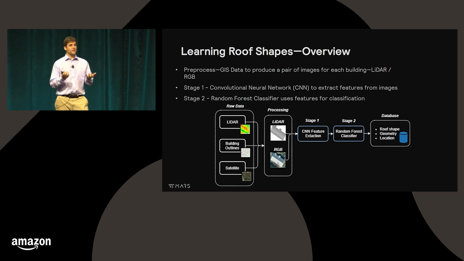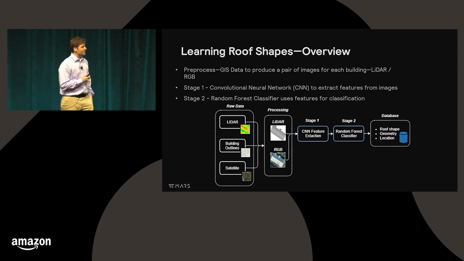We can send these independently to two convolutional neural networks that extract really good high-level features that describe what is important for identifying roof shapes that we've trained. After we've done that, we can send it to a random forest classifier that can take this much reduced dimensional information to classify and predict a roof shape.